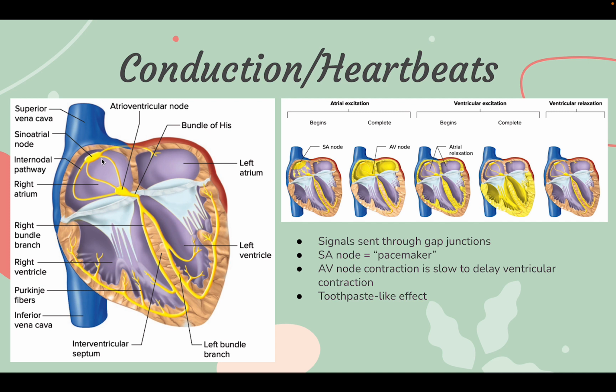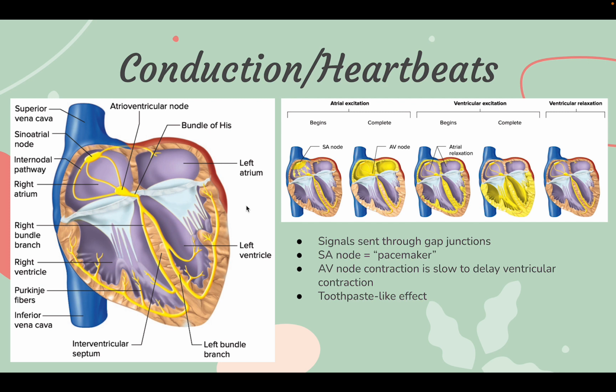The frequency of signals sent out by the SA node determines how fast your heart is beating. And then you have the atrioventricular node right here between the right atrium and the right ventricle. And then that leads to the bundle of His in the middle, splitting off into the right and left bundle branches and ultimately becoming Purkinje fibers.